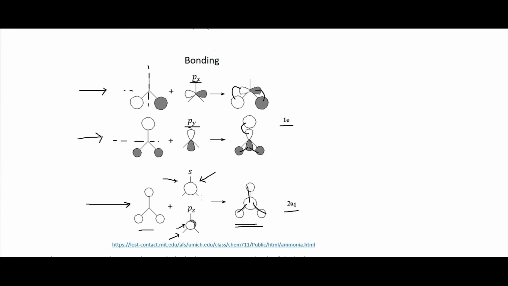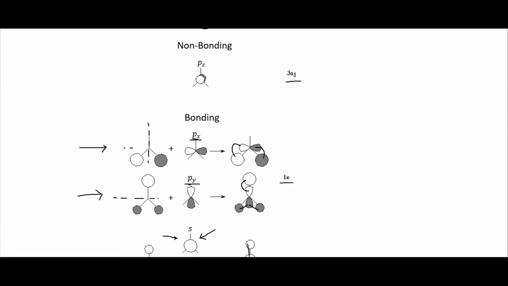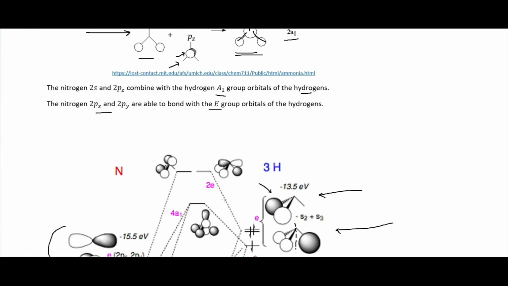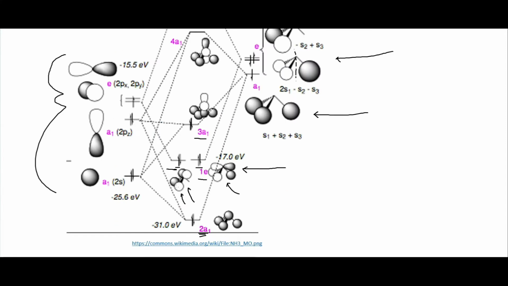So this px is bonding with those two degenerate hydrogen group orbitals there, and then this py here is bonding with the degenerate s orbitals on the hydrogens right there. And so that's actually showing it right there, and we fill those with electrons.